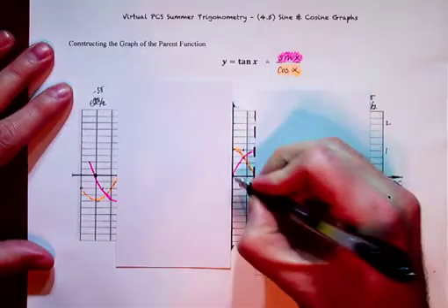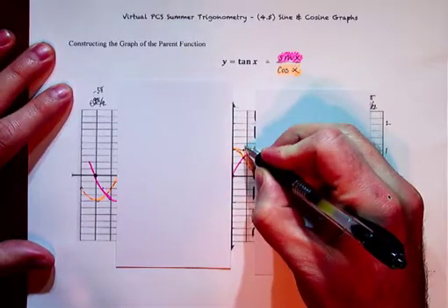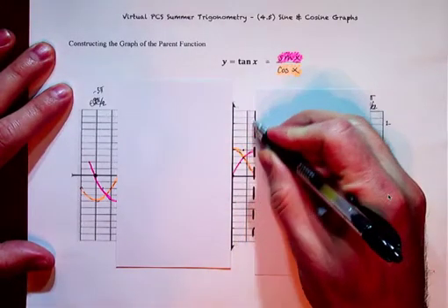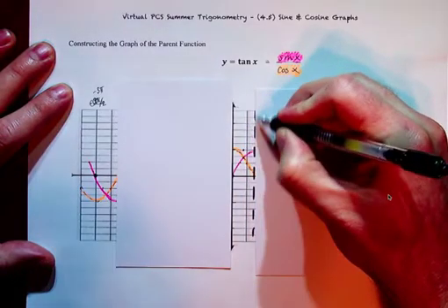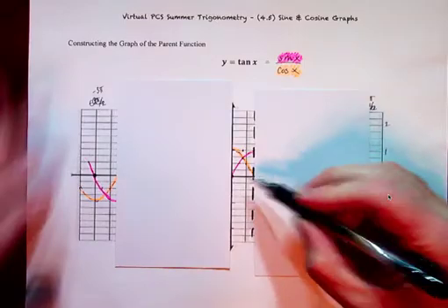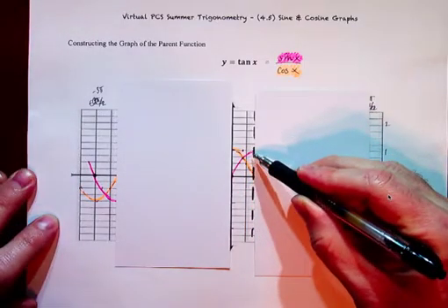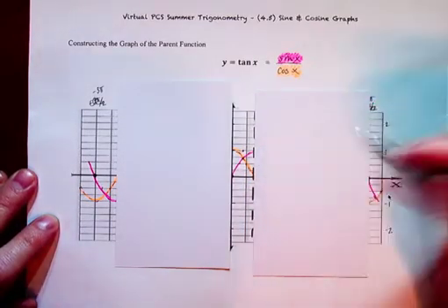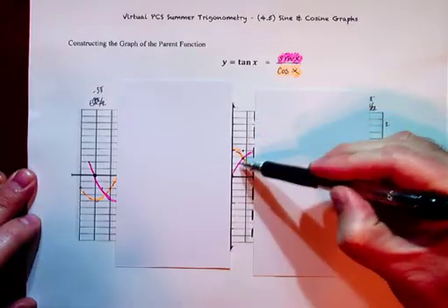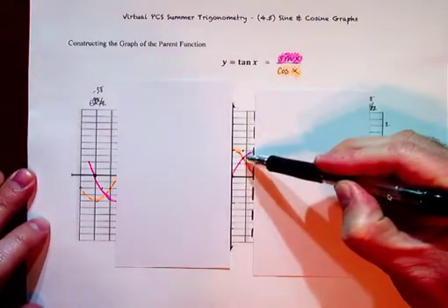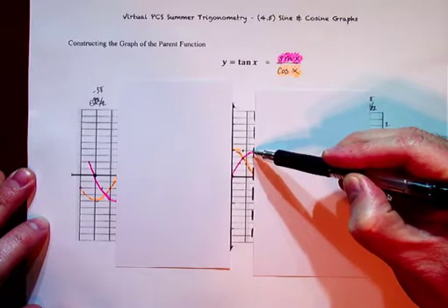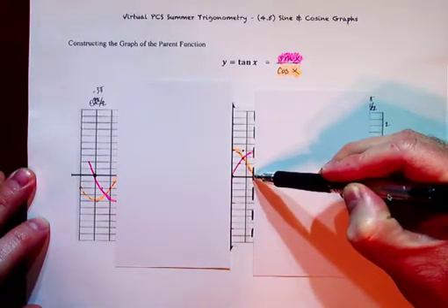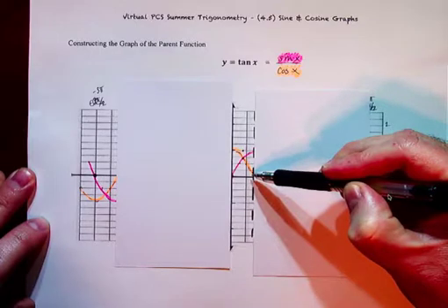So I'm going to start here. I'm going to come up through this point at pi over 2, 1, and then I'm going to run off to infinity, and it's going to hug this asymptote. That's because sine, as long as you don't actually get to pi over 2, as long as you're just approaching it, is going to get really close to 1, and cosine is going to get really close to 0.